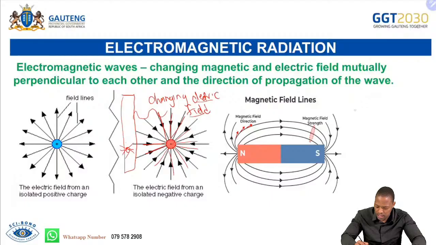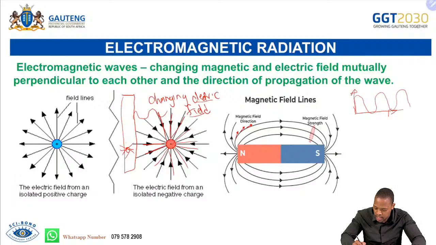You remember that the particle is vibrating up and down. This up and down vibration will cause a wave to propagate perpendicular to the direction of vibration. So the particles are moving like this, the wave is moving like this.